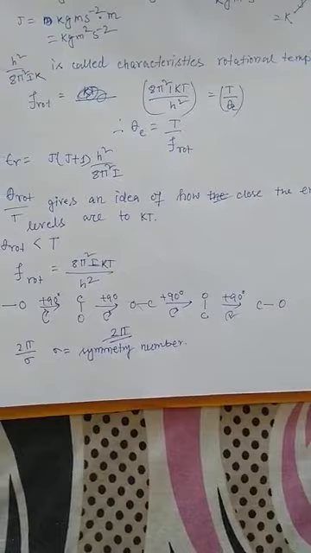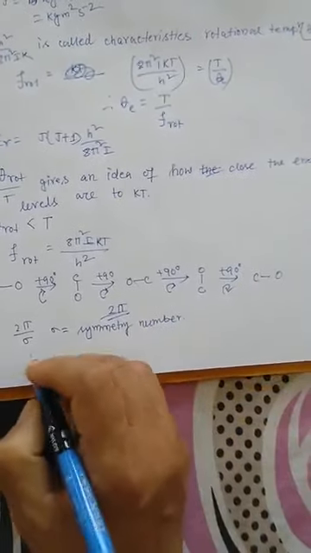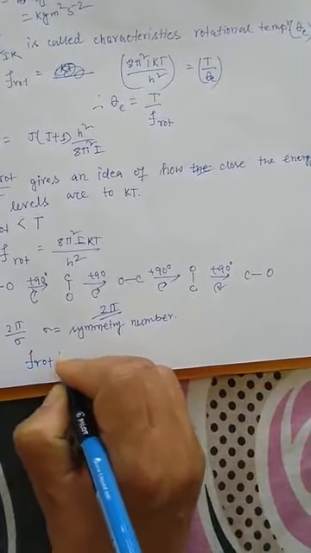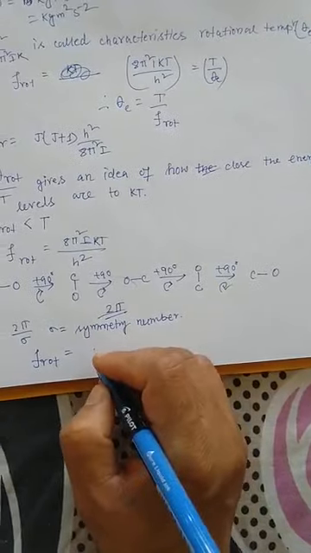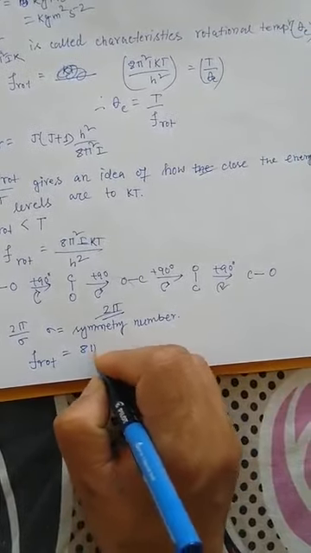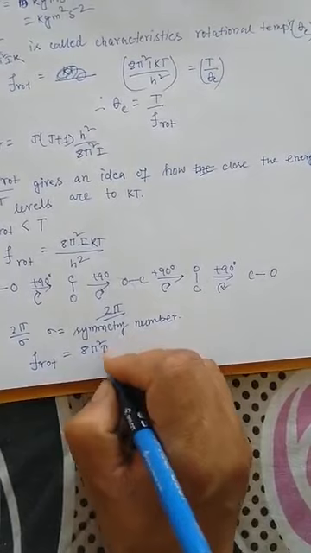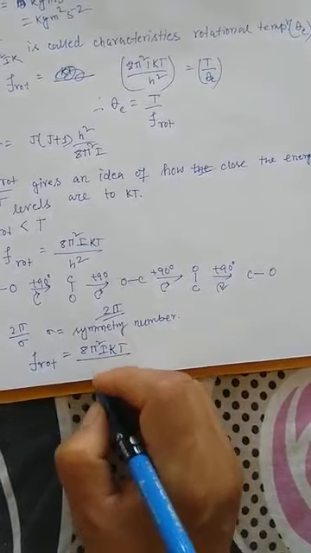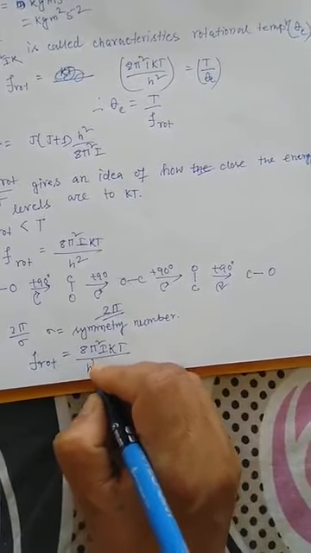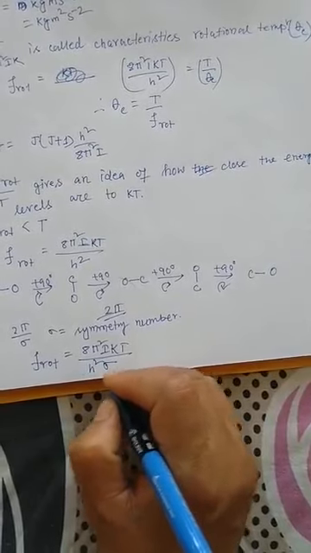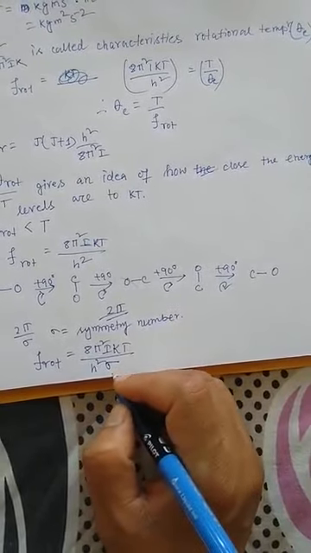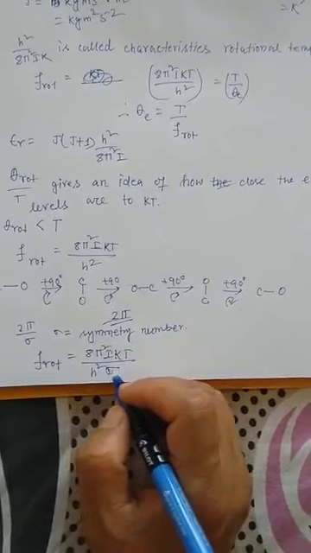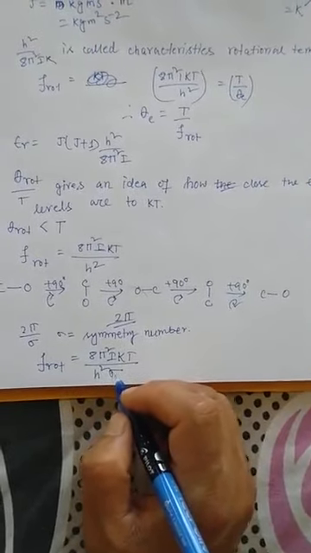Then we have to modify the rotational partition function: f rotational equals 8 pi square I kT by h square, and again we have to add sigma, because sigma is very much related to the rigid diatomic molecule's symmetry number.